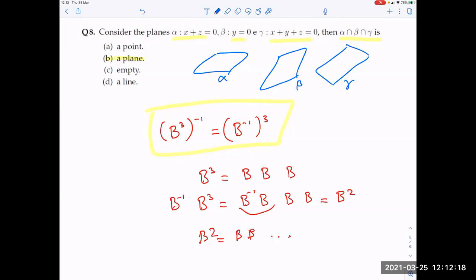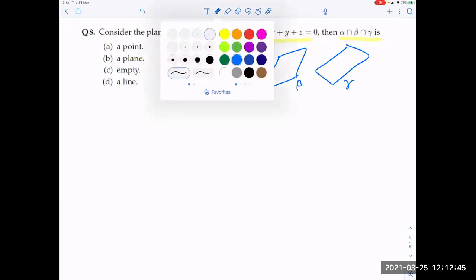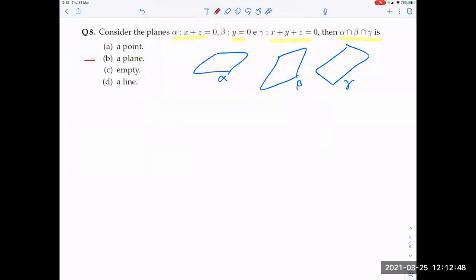I don't think they are all equal, right? Beatrice Tomatis, what do you think? Are all the planes equal so that when you intersect them, you get a plane? Probably not, right? It's probably kind of obvious that alpha and beta are not the same. Okay, so I think that this one we can delete, and we can say, well, this is false because alpha is different from beta, for example. And so the intersection is not a plane.